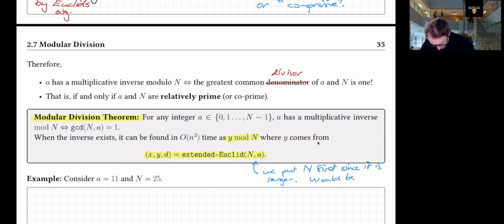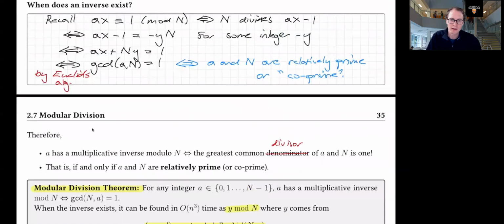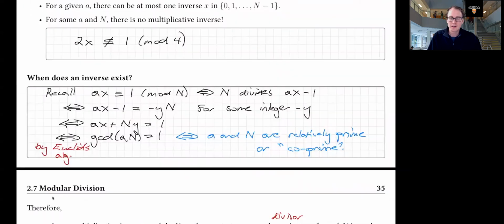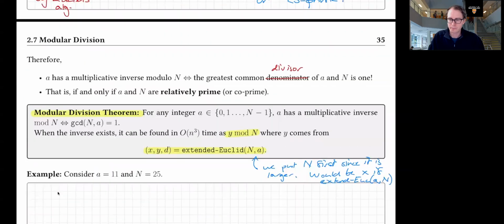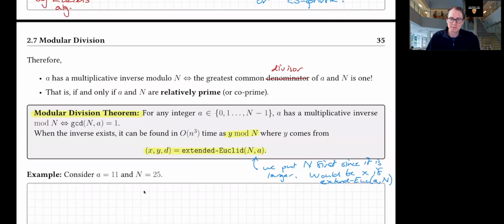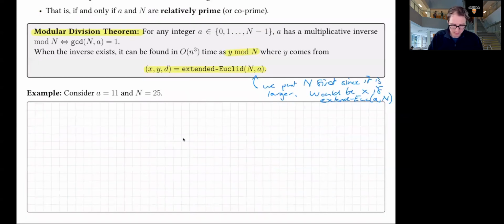It would be x if we called extended Euclid on a, n instead, right? Just like what we had here where ax. But the thing to remember is basically if there's a multiplicative inverse, I can just compute it from extended Euclid. And let me give you then an example.